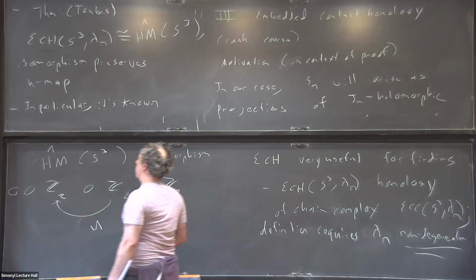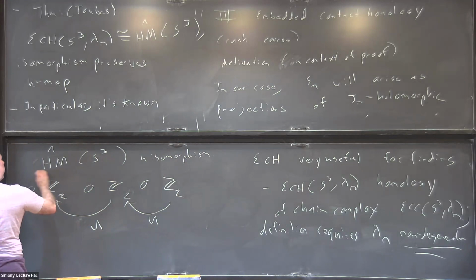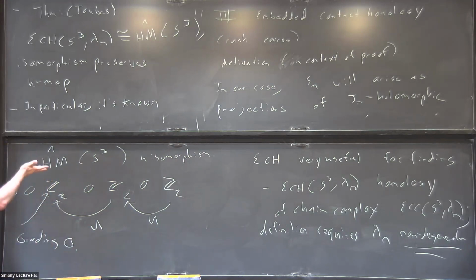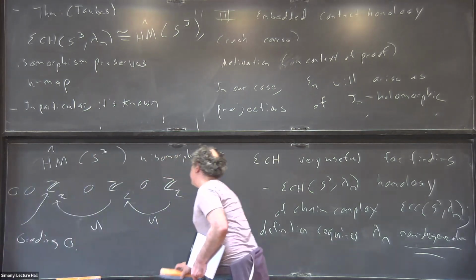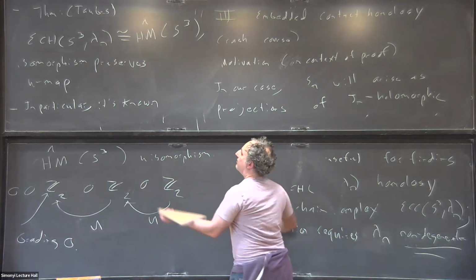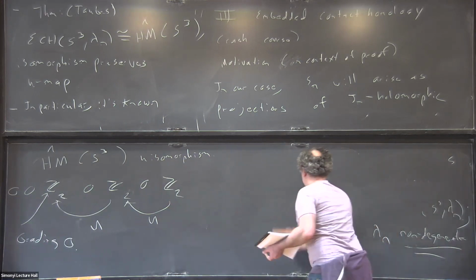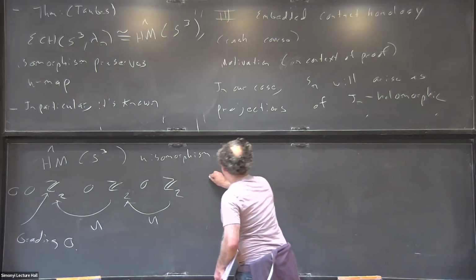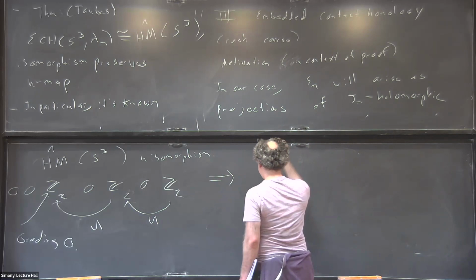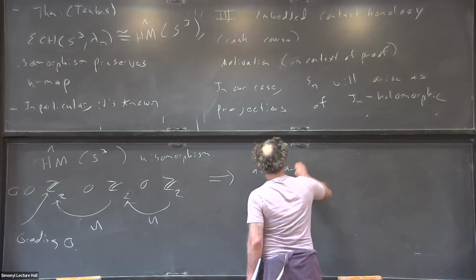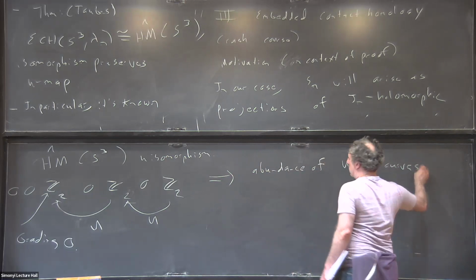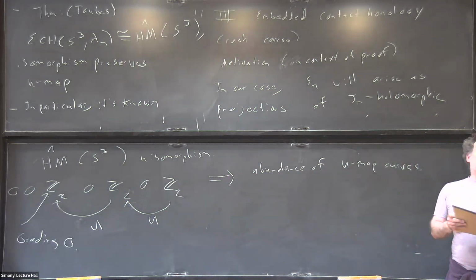Since it's just a crash course, I didn't say what the grading is, but this is in grading 0. So you can see that HM hat of S3 has a very interesting U module structure. That implies an abundance of U map curves, which we're going to use in the proof.